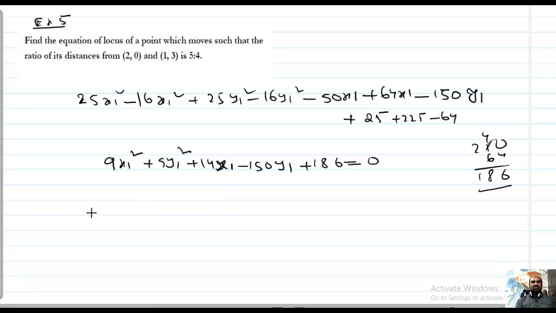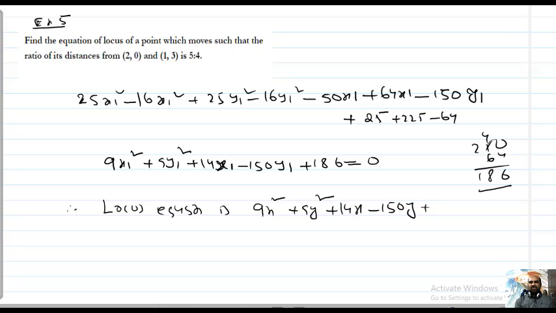Now I want to write the locus equation. Therefore, the locus equation is 9x square plus 9y square plus 14x minus 150y plus 186 equal to 0.